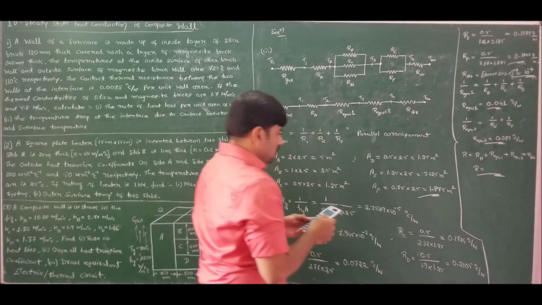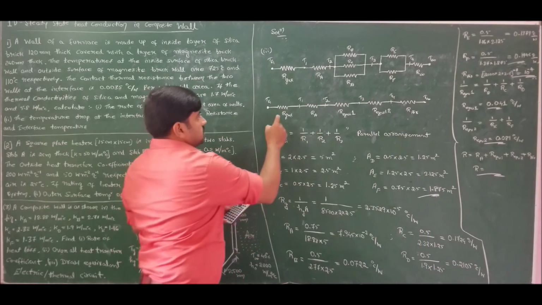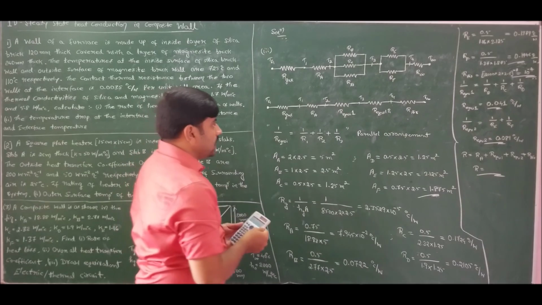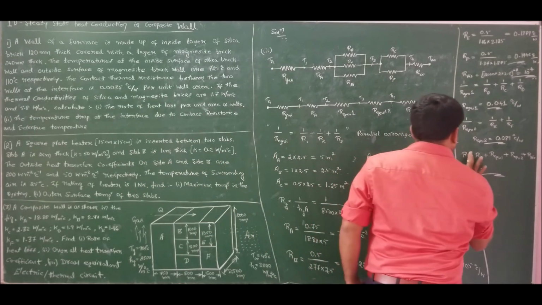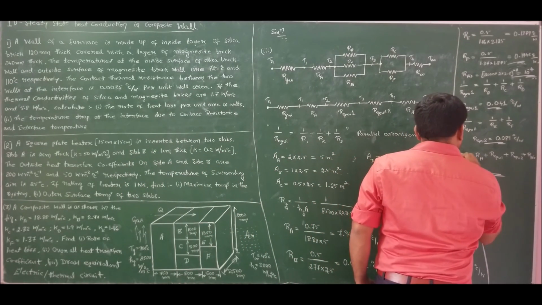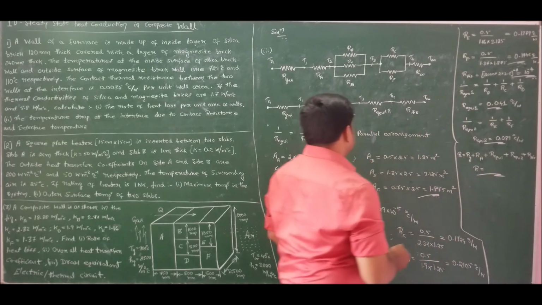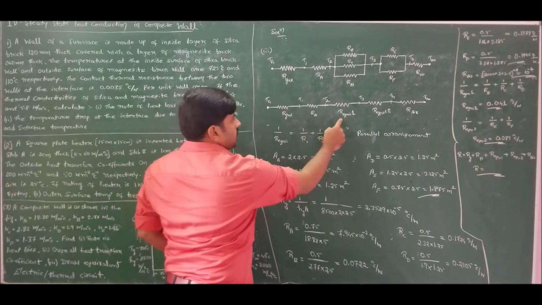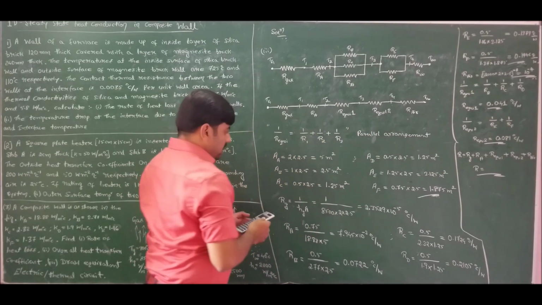So therefore, the summation of resistance will be R is equal to R gas plus RA plus R equivalent 1 plus R equivalent 2 plus R air.